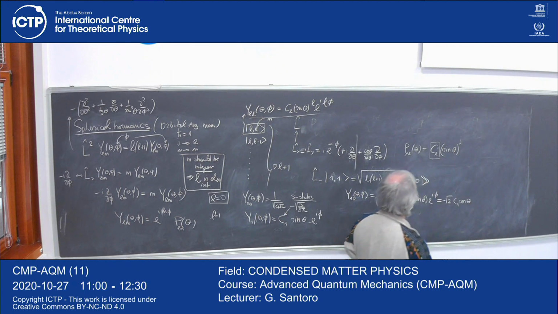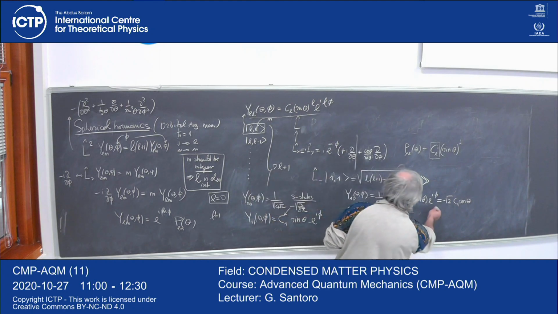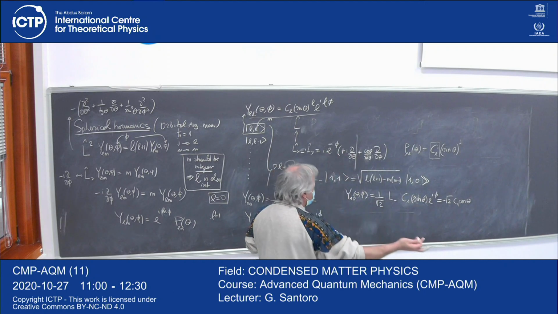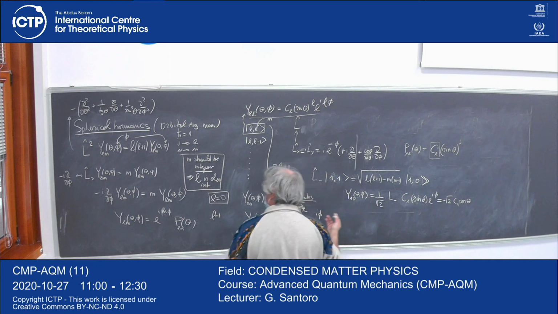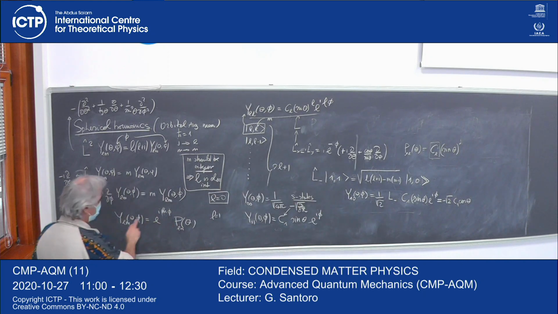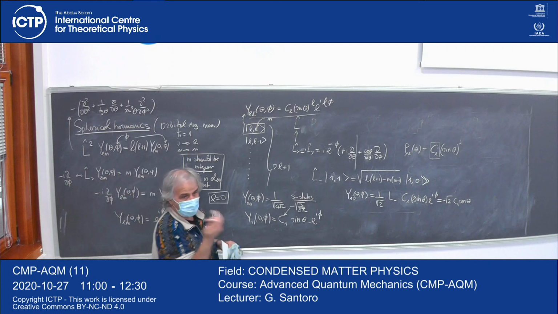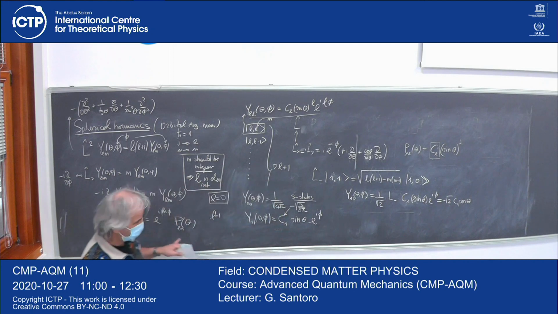No dependence on phi, because this object here gets cancelled by the object there, which is kind of obvious. I mean, if I have m equals 0, I know pretty much on general grounds that the dependence on phi has to be 0. I mean, it has to be 1. Is it clear?